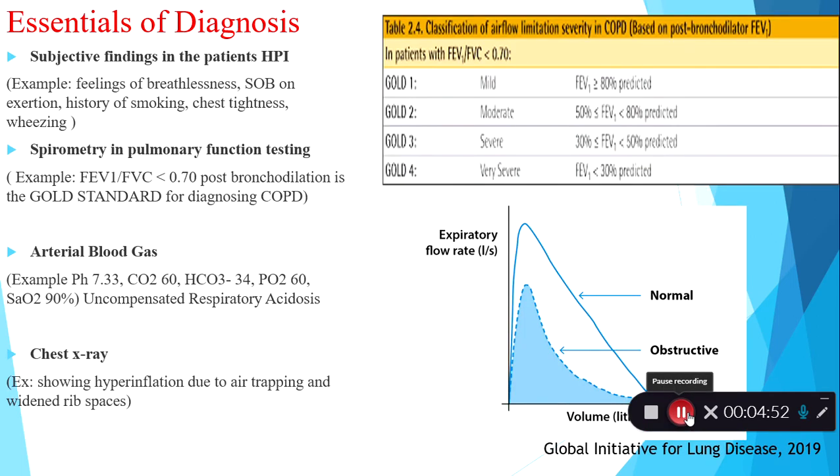In diagnosing COPD, it is essential to gather pertinent information from the patient, such as subjective findings, including feelings of breathlessness, shortness of breath on exertion, a positive history of smoking, chest tightness, and wheezing.